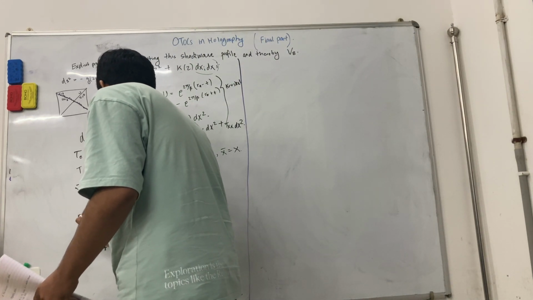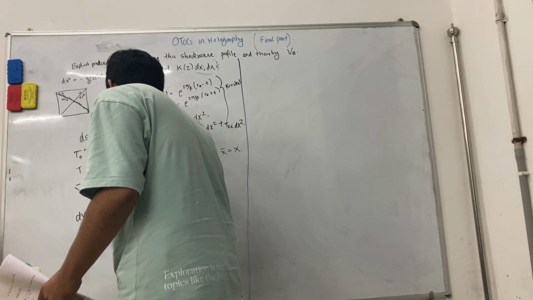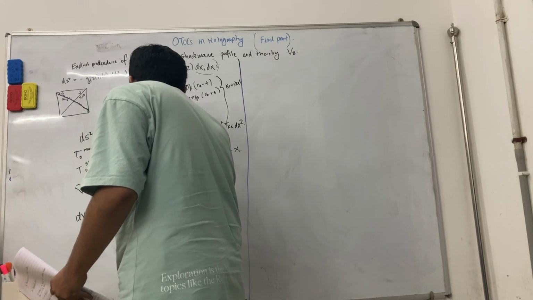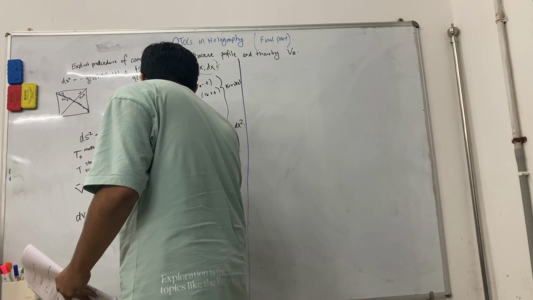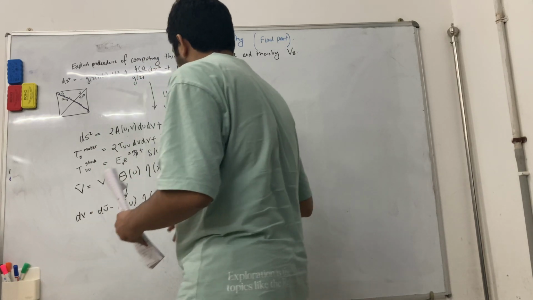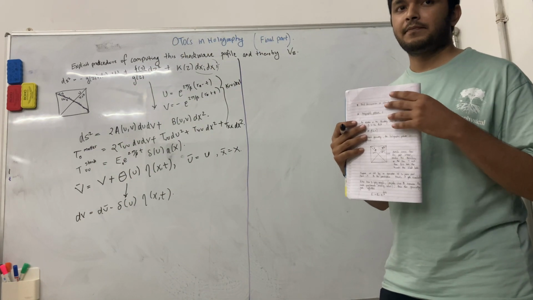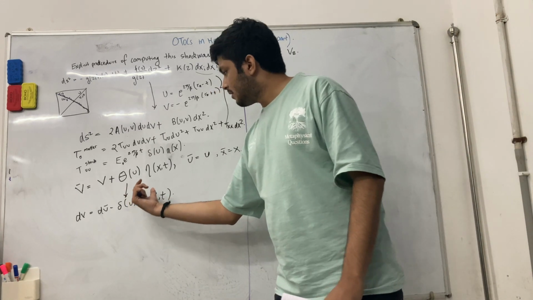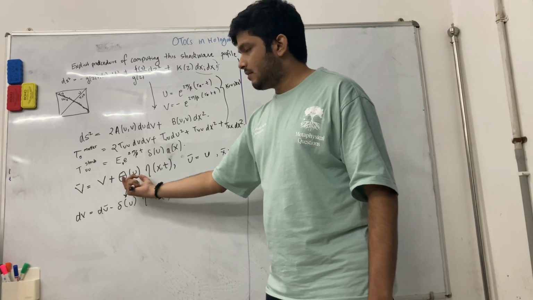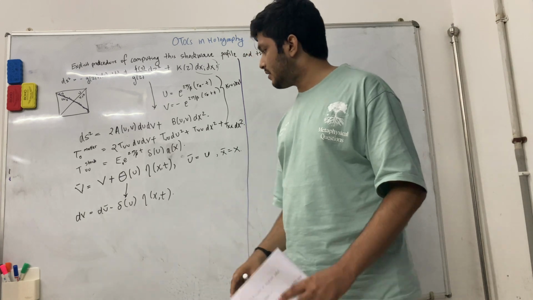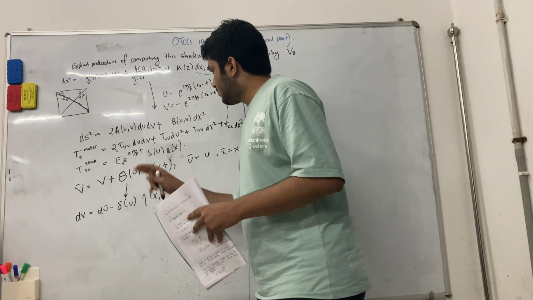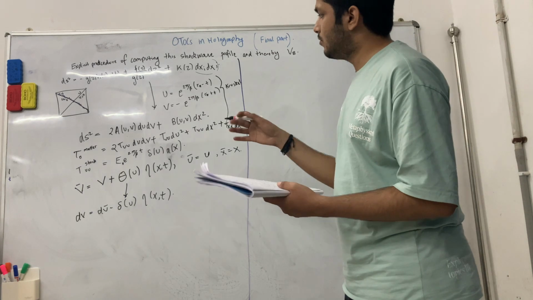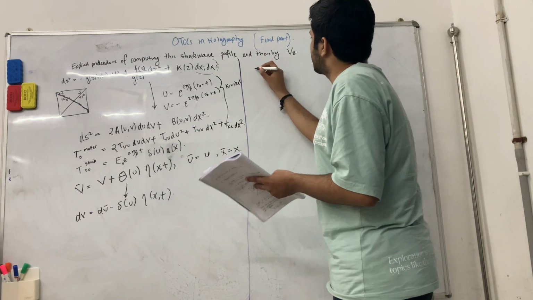So I hope everyone agrees that dV bar is going to be this. Agree? I've just differentiated, and the differentiation of this Heaviside function gives my delta function. Okay. So I have this. When I substitute back here and replace my U with U bar, V bar, X bar, this is the metric that I get.